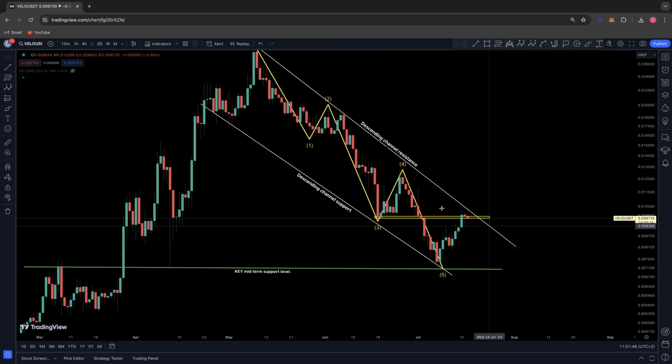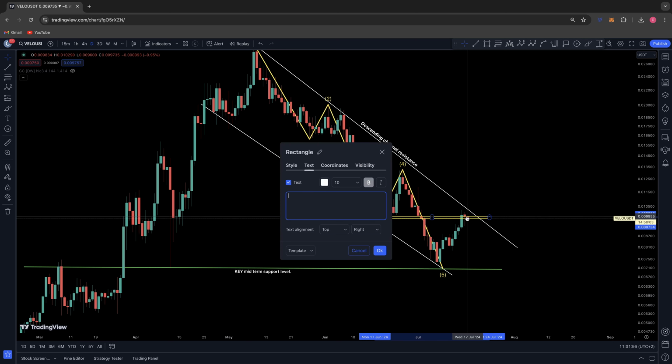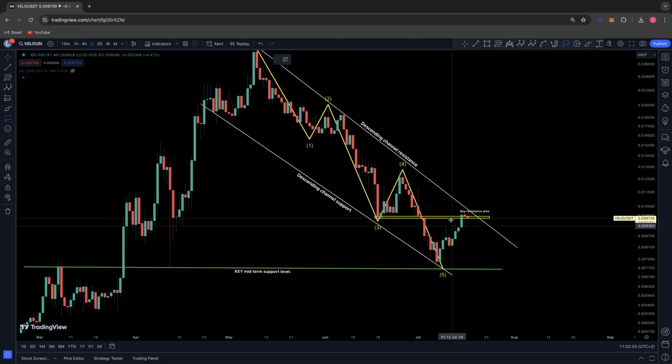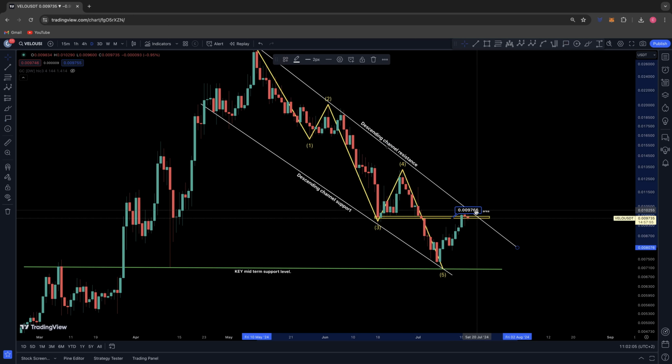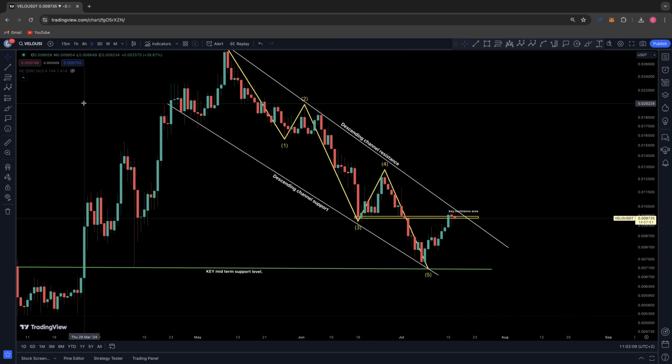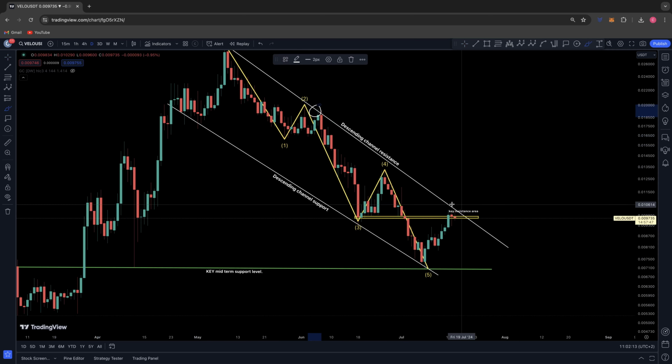So right now, the price of 0.0095 to 0.01 is key resistance. This is our key resistance area that we need to see VELO get back above in order to see continuation in the next few days. What you'll notice is we are equally running into this descending resistance channel.